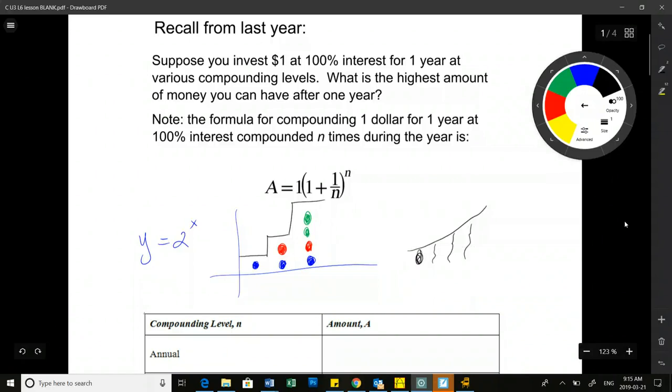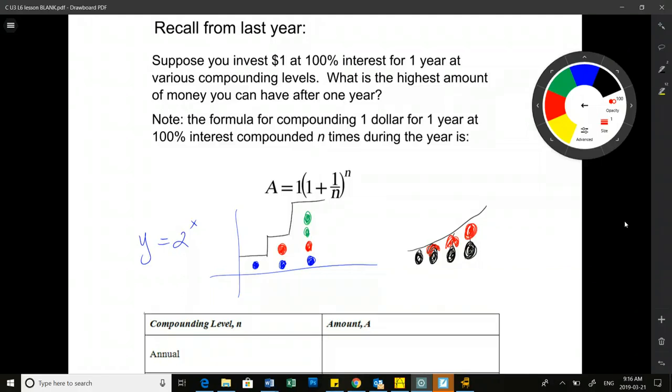As I have my dollar that I invested, over time throughout the year, it's going to have another dollar emerging out of it gradually. And then at the end of that year, I have the extra dollar of my doubled money. Yeah, there you go, mitosis.